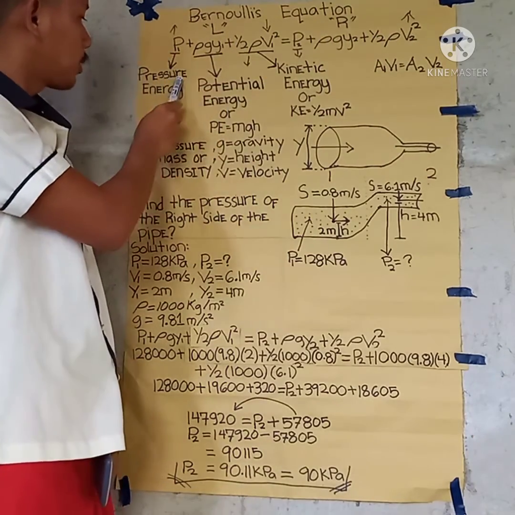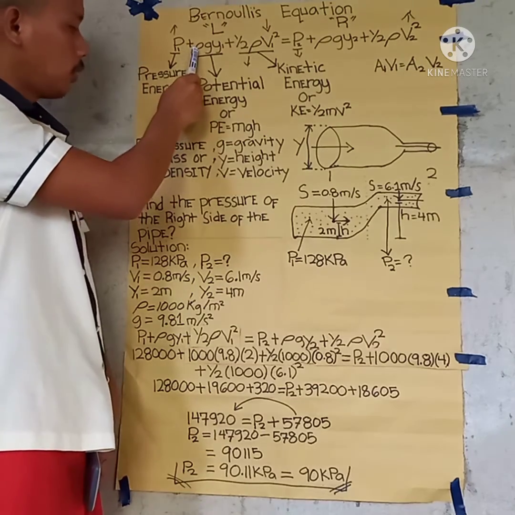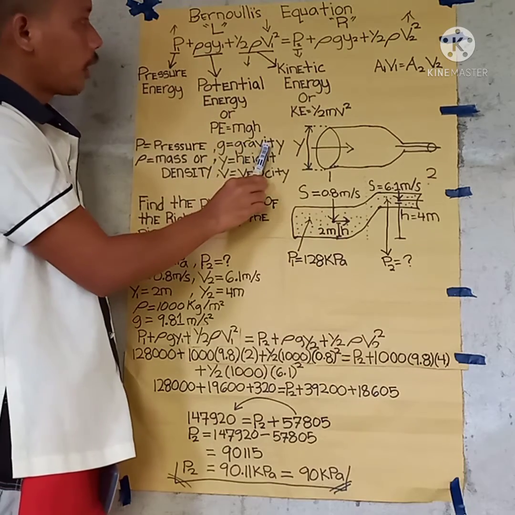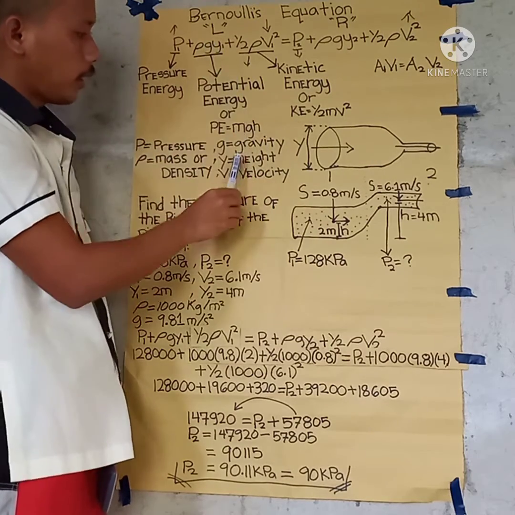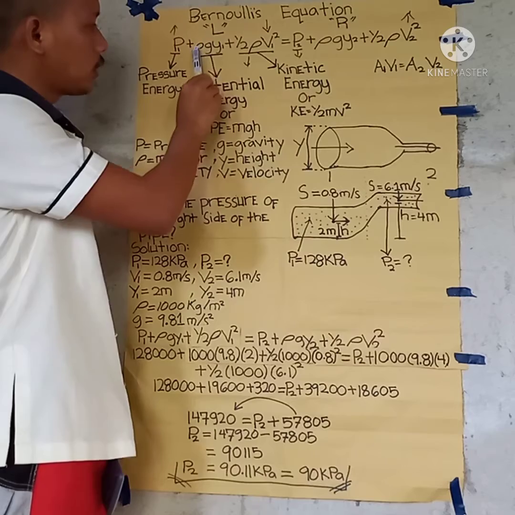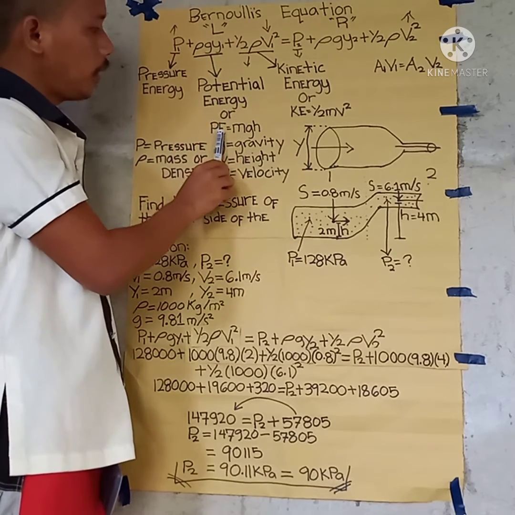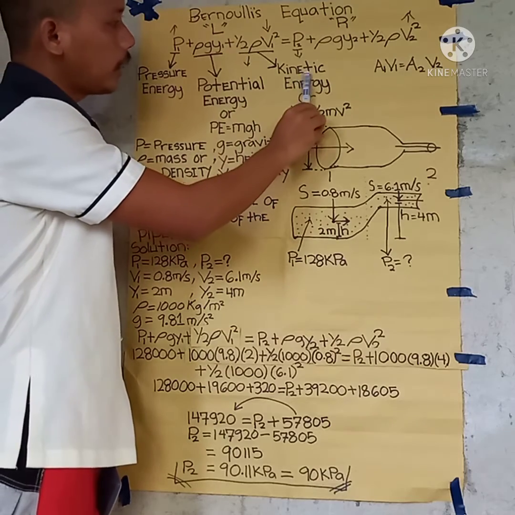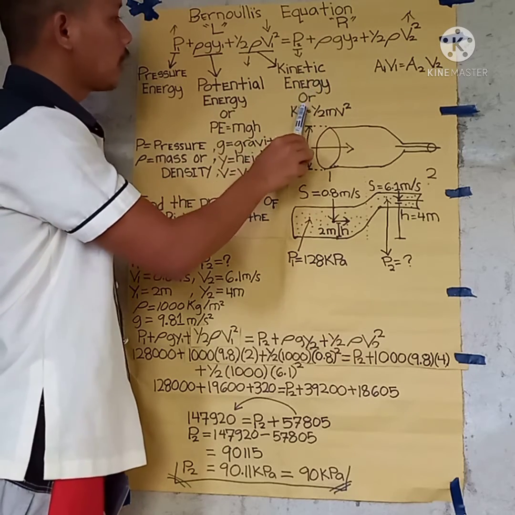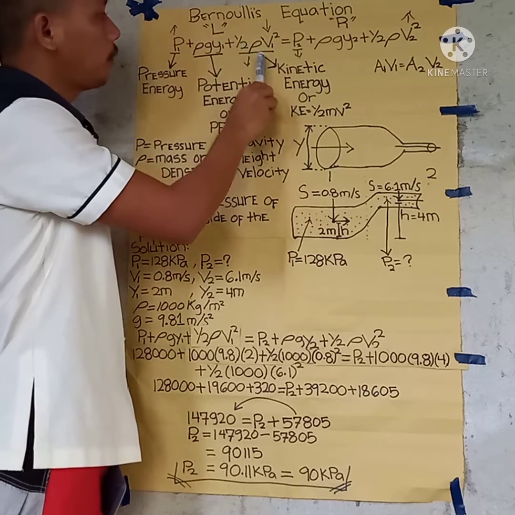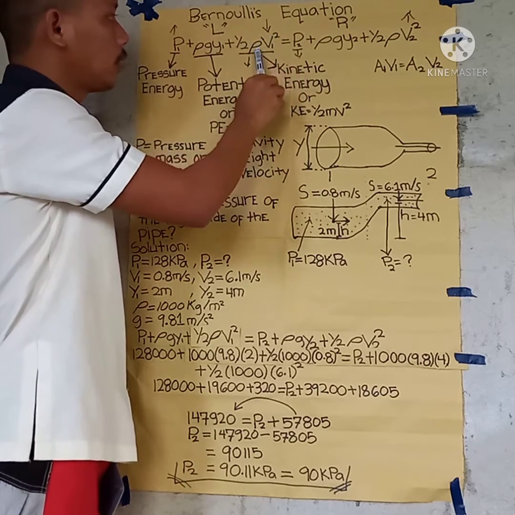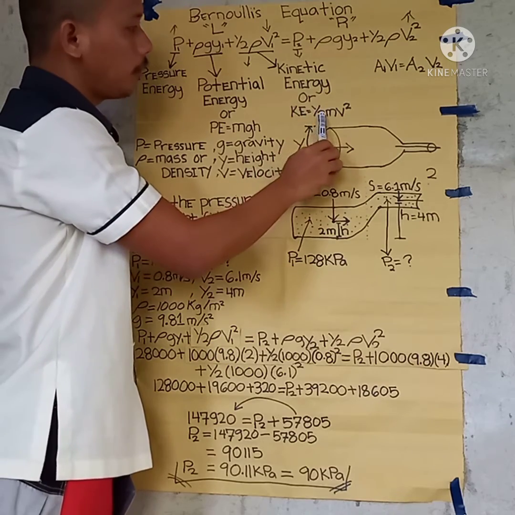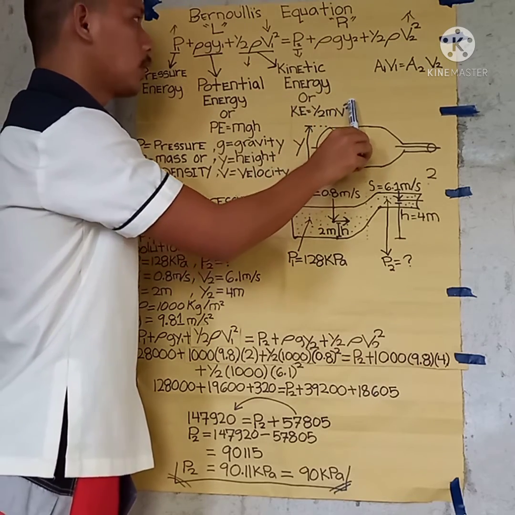So, P stand for pressure energy plus rho, which stands for density, times g, which stands for gravity, times y, or the height, which is the equation for potential energy, PE equals mass times gravity times height, plus the kinetic energy, which is 1/2 times rho times v squared. So v stands for velocity, or KE equals 1/2 times mass times velocity squared.